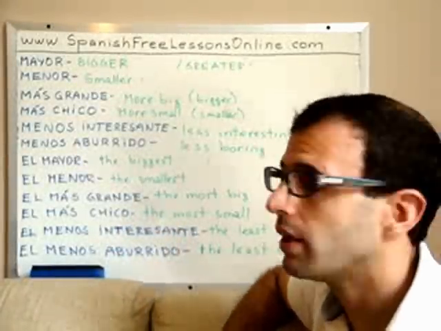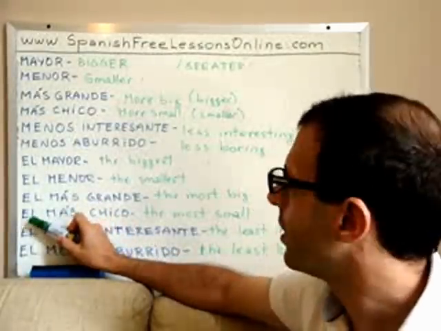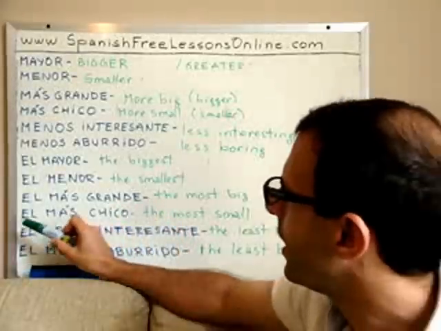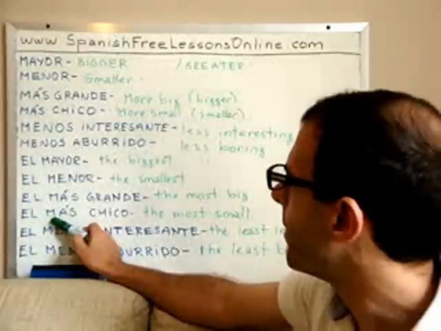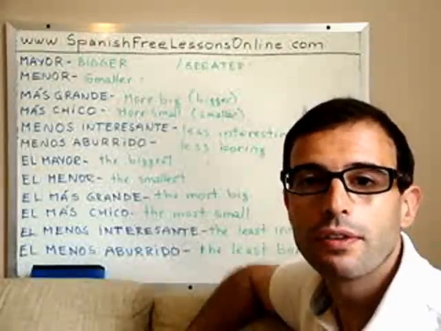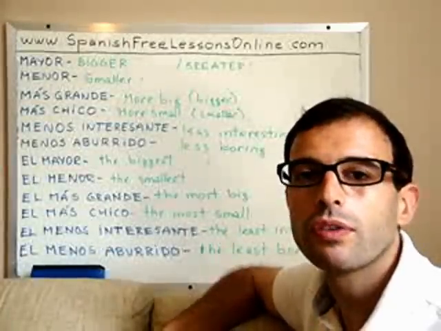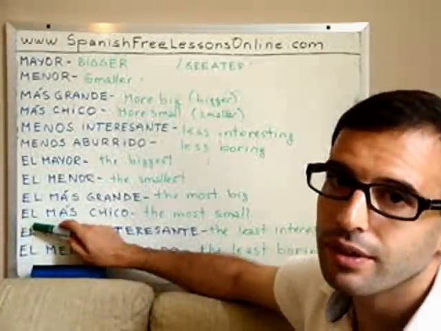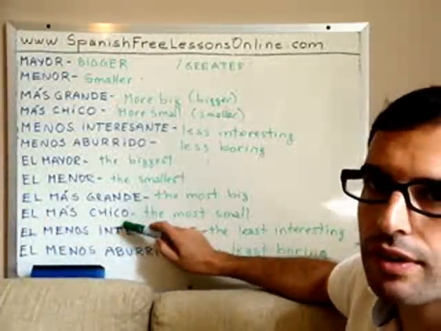So if I want to say the smallest girl, I would say la más chica with an A at the end. La, because la is a feminine article, más chica. And if there were many girls, and I'm referring to the smallest girls, I would say las with S because it's plural, más chicas. Okay?